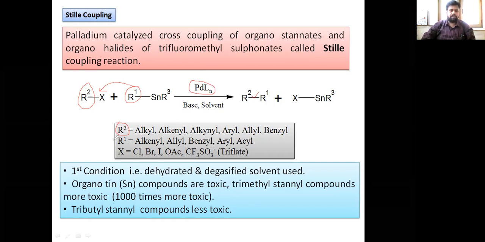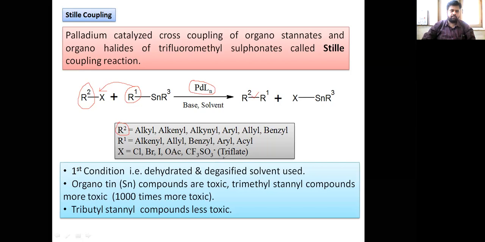The same goes for the R1 group. And X will be chlorine, bromine, iodine, or acetyl groups, or triflates, meaning trifluoromethyl sulfonates. So this is called triflate.